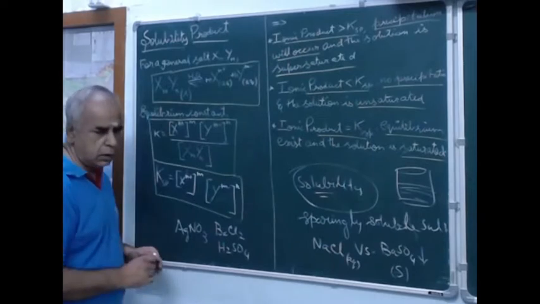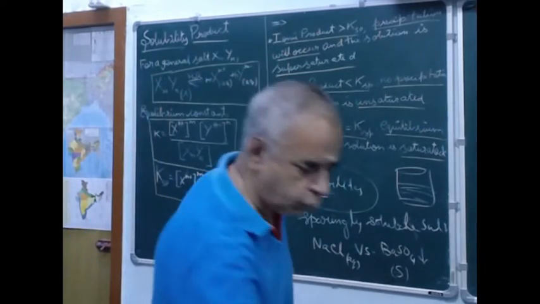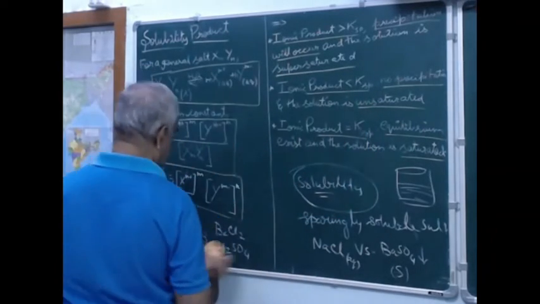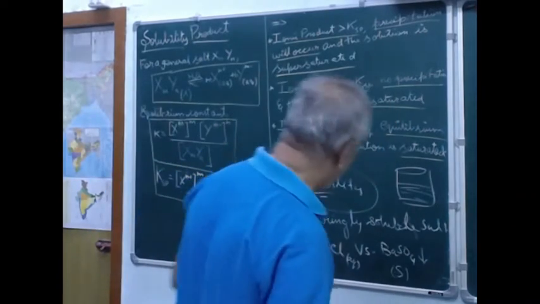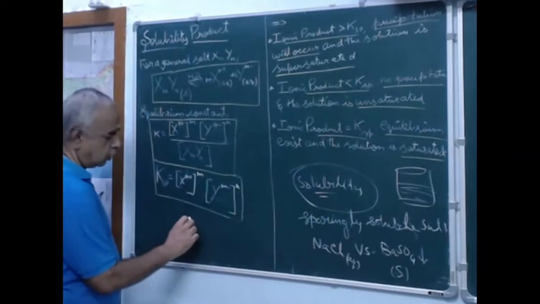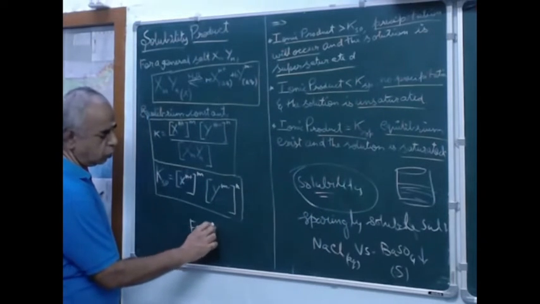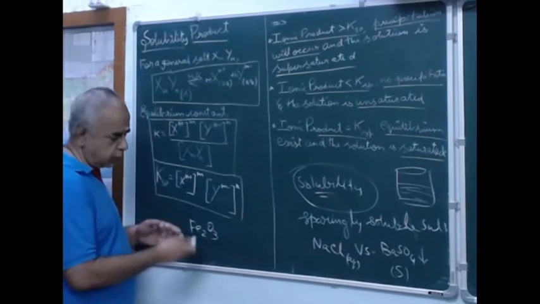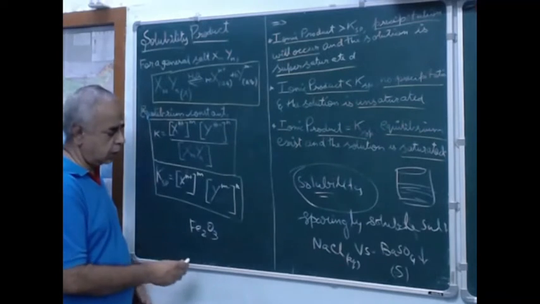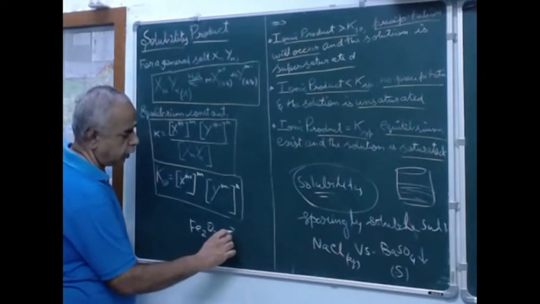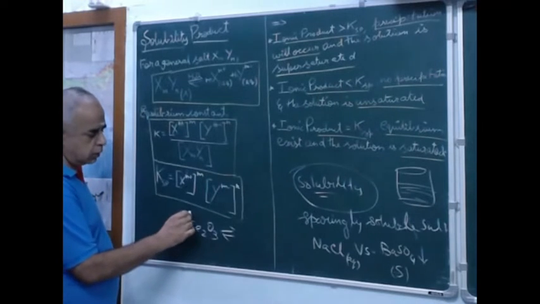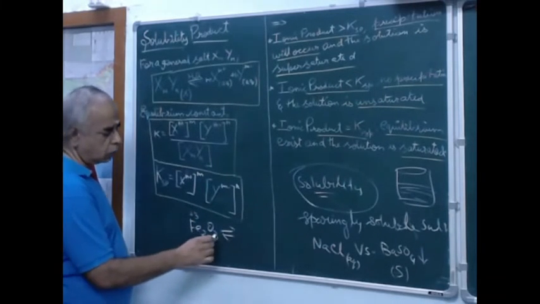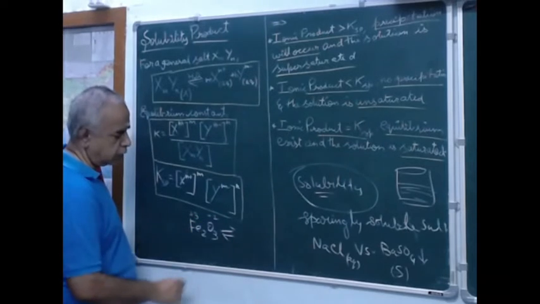Let me consider ferric oxide. So what is ferric oxide? Fe2O3. When we write this in an ionized form, the oxidation state of iron is +3 and the oxidation state of oxygen is -2.